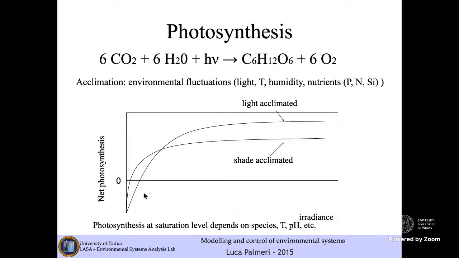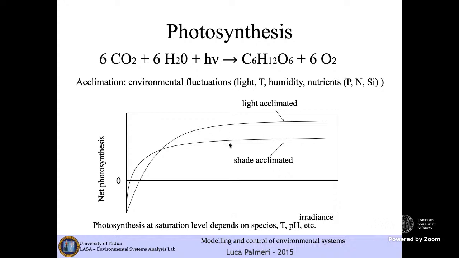So we may plot the net photosynthesis effect, the energy produced by photosynthesis minus the energy employed for respiration by the photosynthesizers, as a function of irradiance. We see that at growing irradiance, so with more light, the process is a saturation-like process, reaching a saturation value of net photosynthesis.